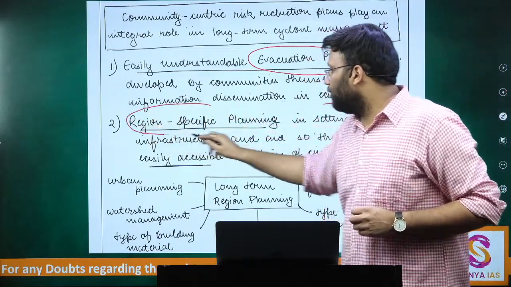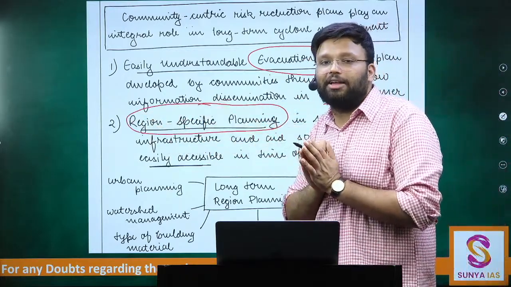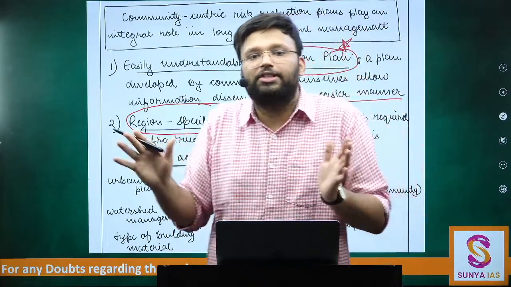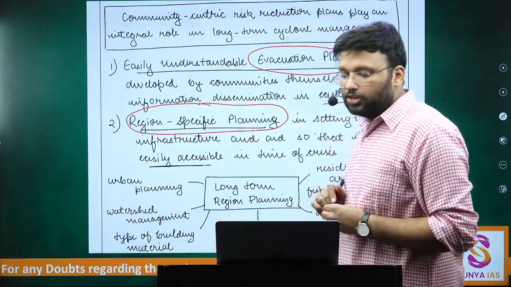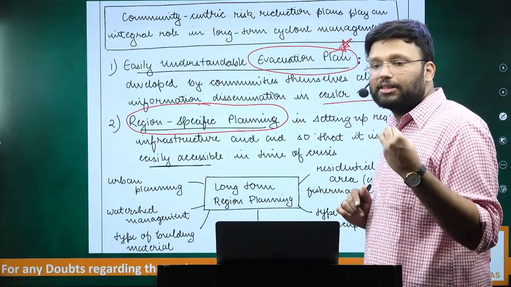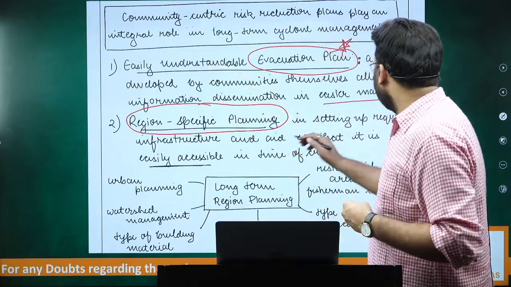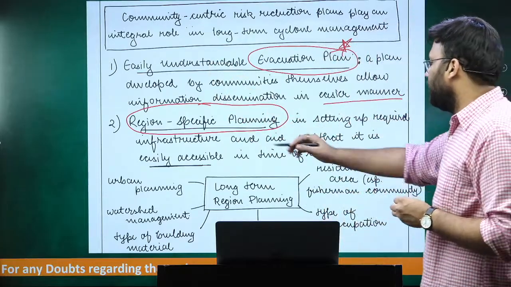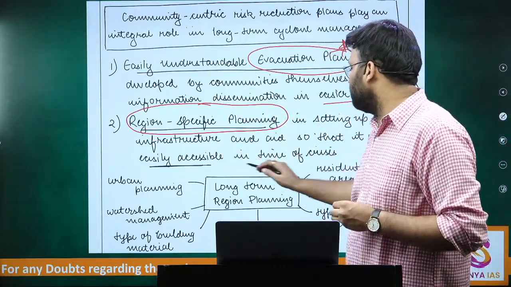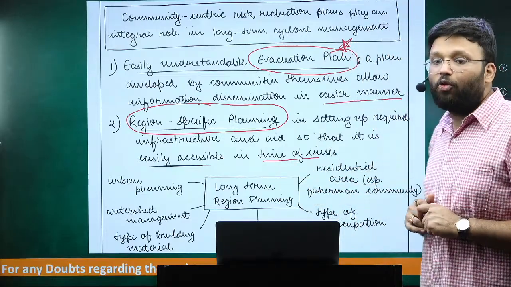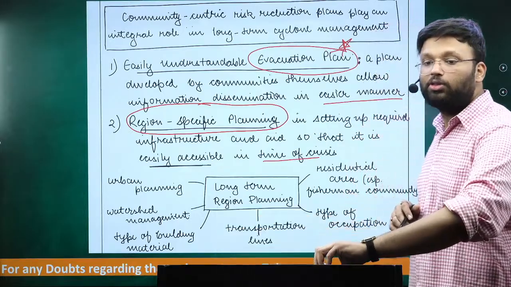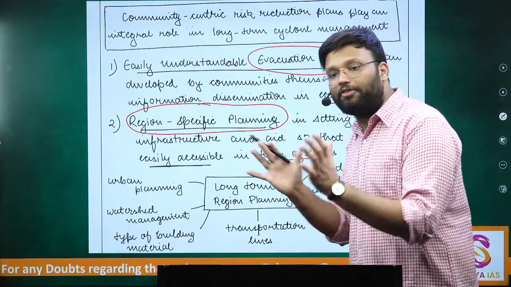Region specific planning. We just talked about that, how there are very diverse regions. There are mountains, there are plains, there are coastal areas, right? So each area requires the community to participate in setting up required infrastructure and aid so that it is easily accessible in time of crisis. Long term regional planning. Now what they have done is they have also broken down the long term regional planning into different sectors.